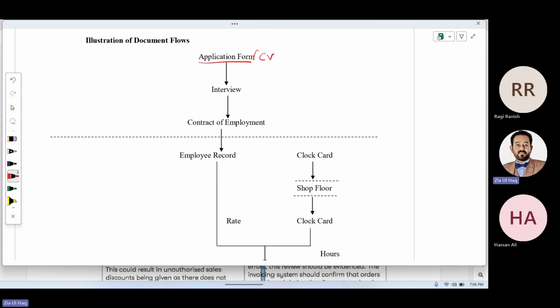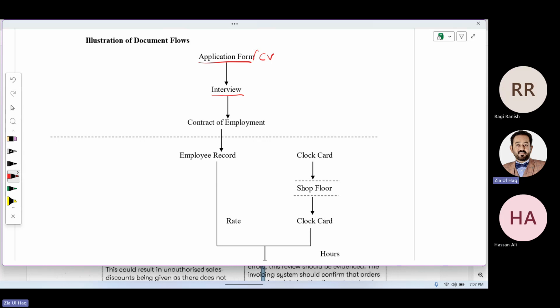Even with an application form, some companies require a CV as well. And according to that CV, the company will be aware whether this candidate is meeting the required criteria of that particular job or not. If he is meeting them, after shortlisting from different applications, the company will call the employee for interview.